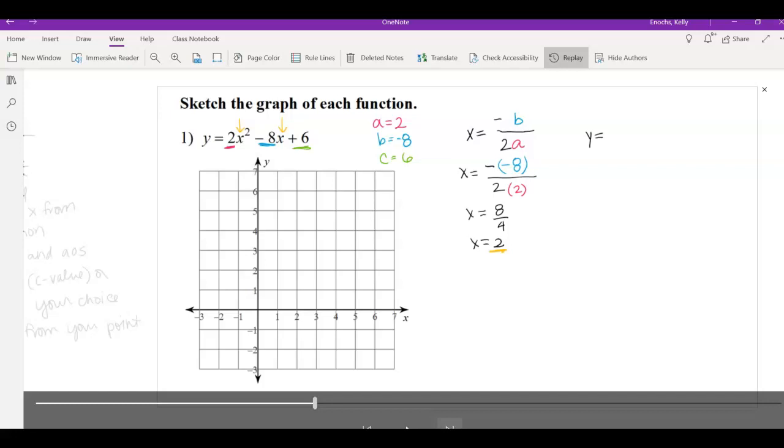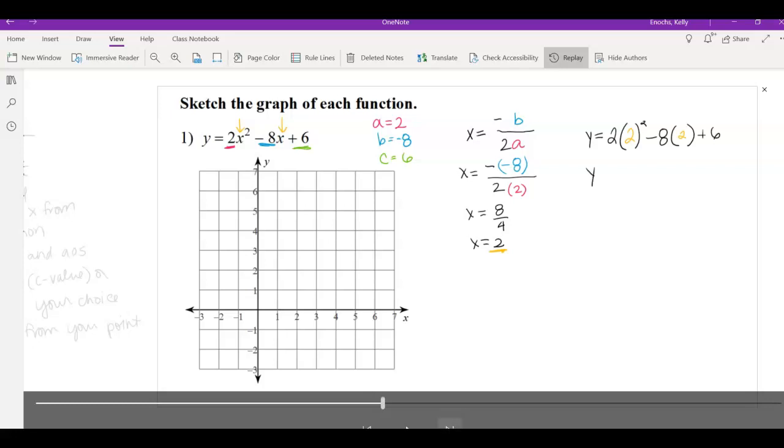So when I write it out, it says y equals 2 times my x value of 2 squared minus 8 times my x value of 2 plus 6. And then I'm going to get my calculator out and type that whole long thing in and figure out what y is equal to. So I'm just going to do all my order of operations: squareds, multiplication, and then adding and subtracting.